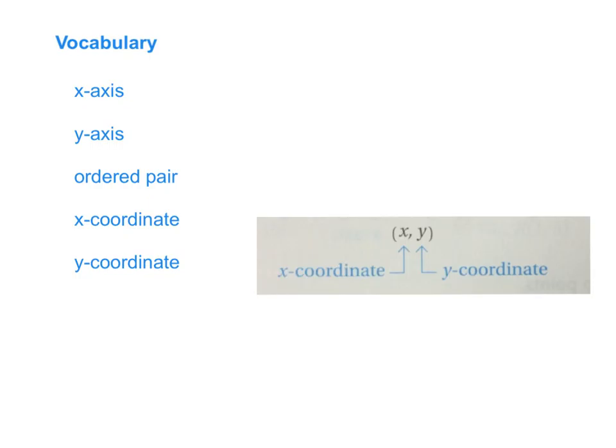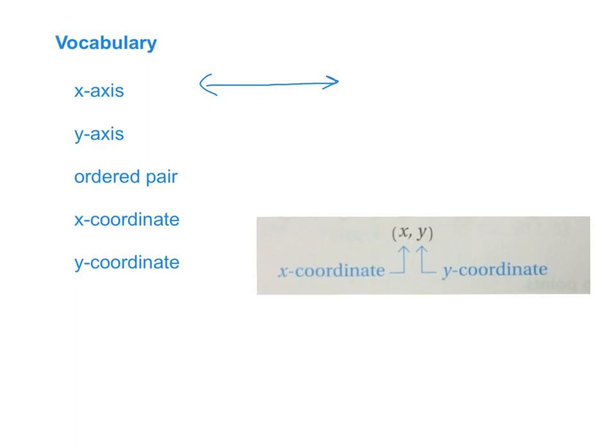Your first vocab word that you're writing down is x-axis. Show me with your arms. What is an x-axis? Yeah, x-axis is the one that goes horizontally. Because you can't move your arms in your notebook, you might want to write the words x-axis and then draw a line that goes this way.